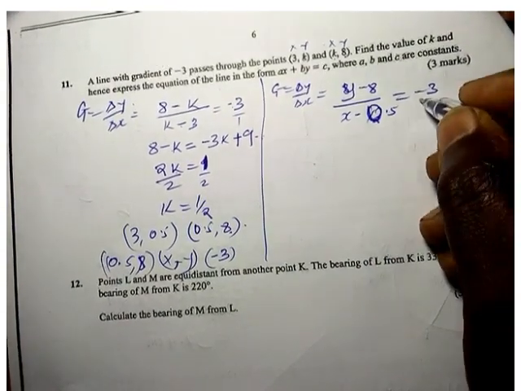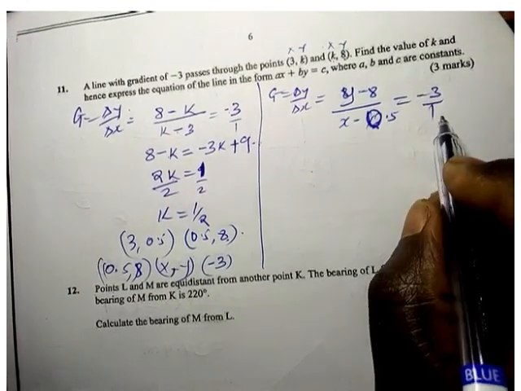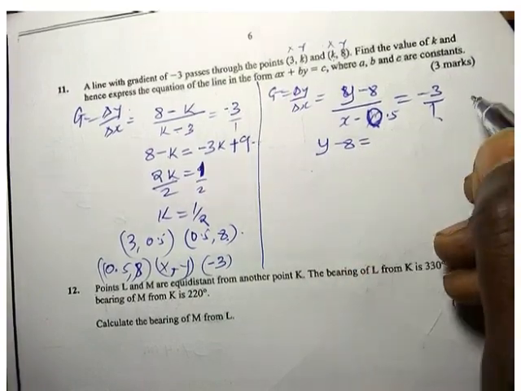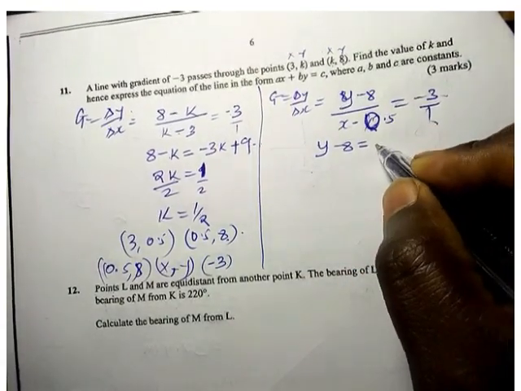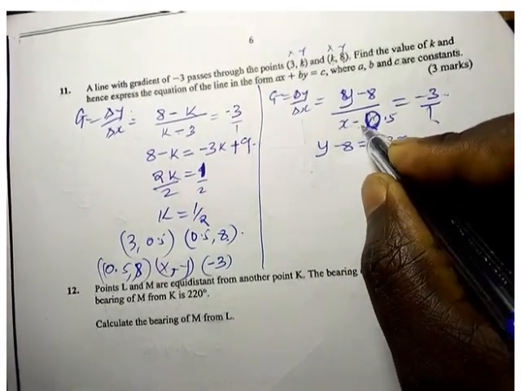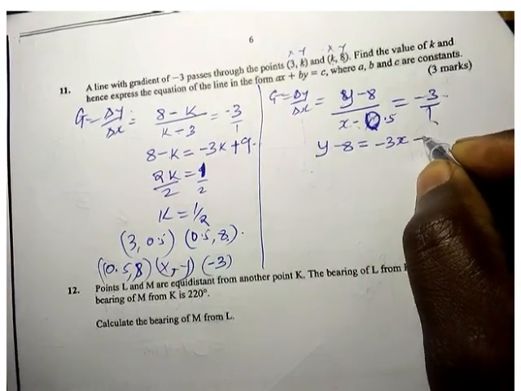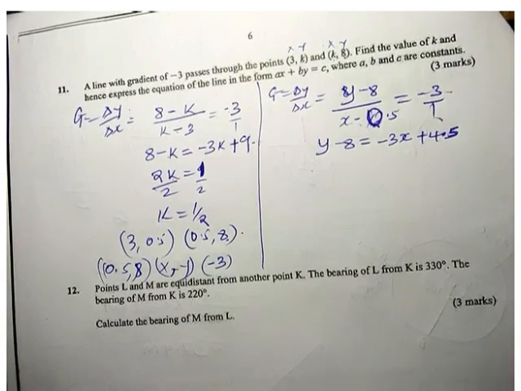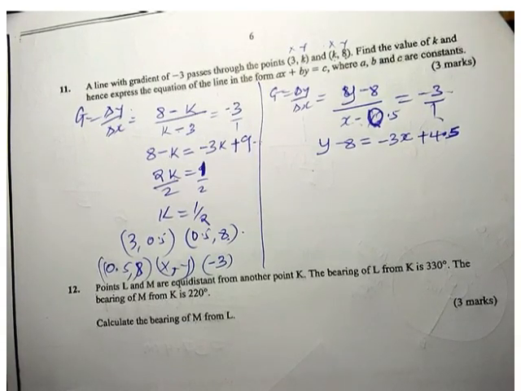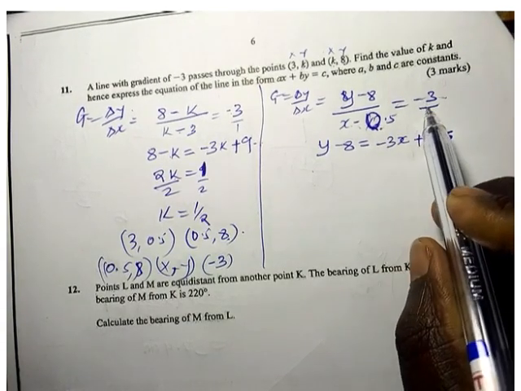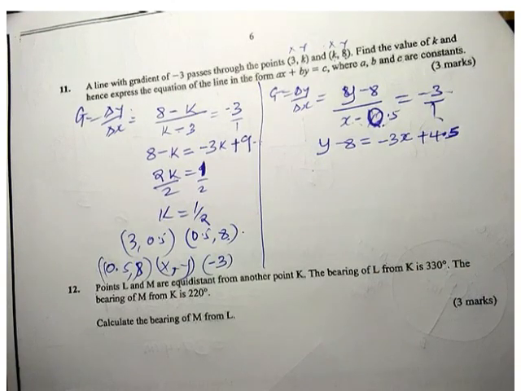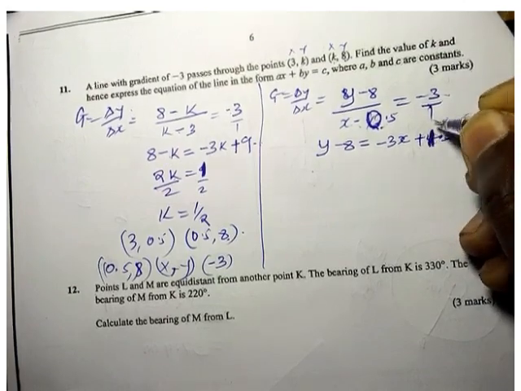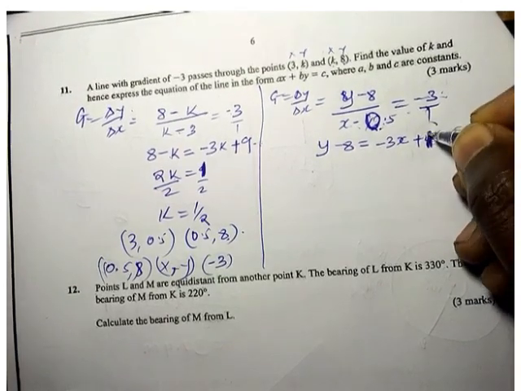What I want is the equation of the line. Cross multiply, so we will have y - 8 = -3x, and negative 3 times negative 0.5 is going to be positive 1.5.